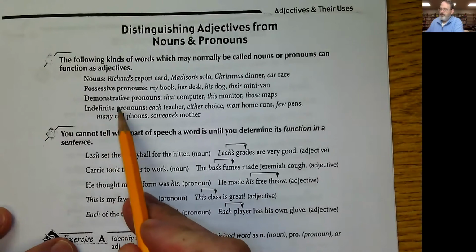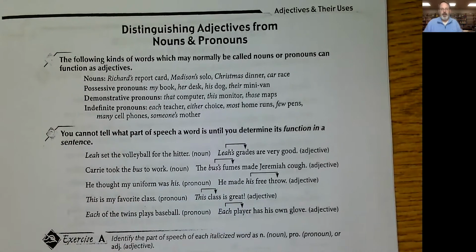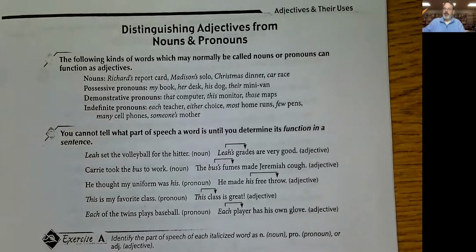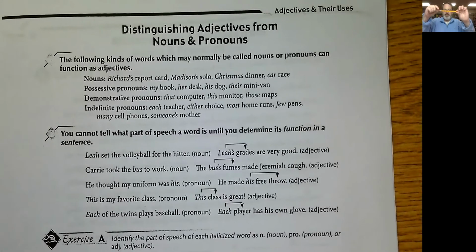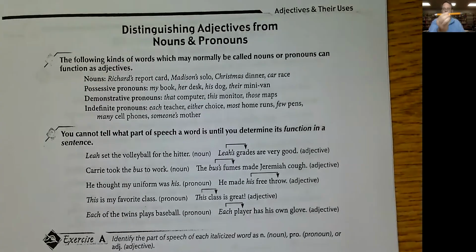Now we've got demonstrative pronouns. Remember, demonstrative pronouns are pronouns that you use when you're demonstrating something. This pen, I'm showing it to you. I'm demonstrating this pencil. I call it this because that's the word I use when I'm doing a demonstration of a pencil. Here's this pencil.